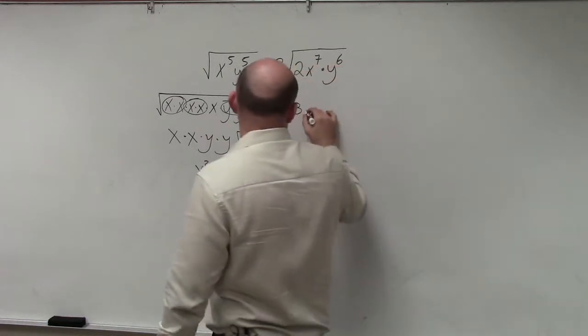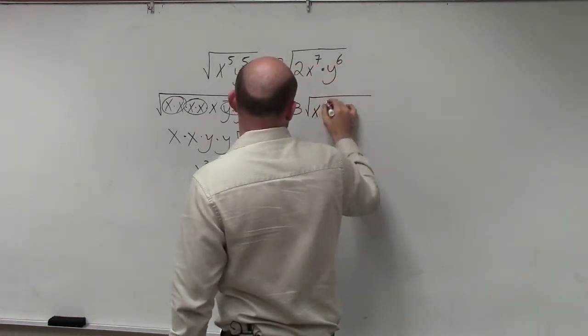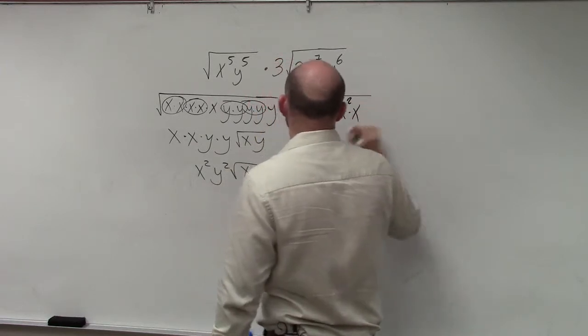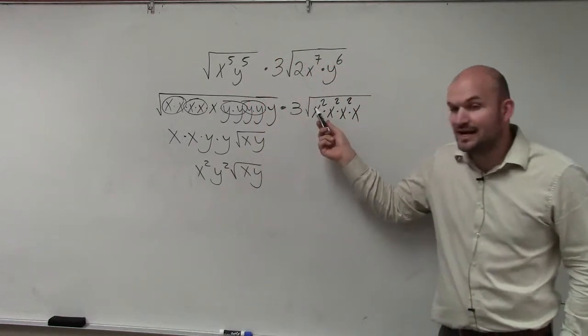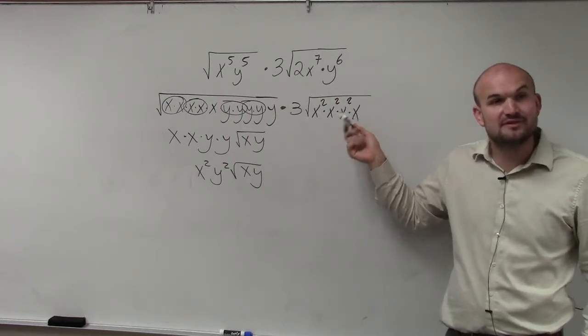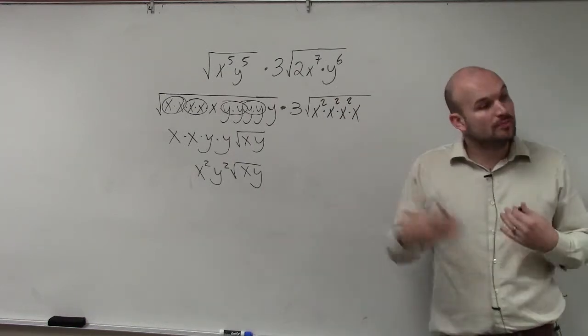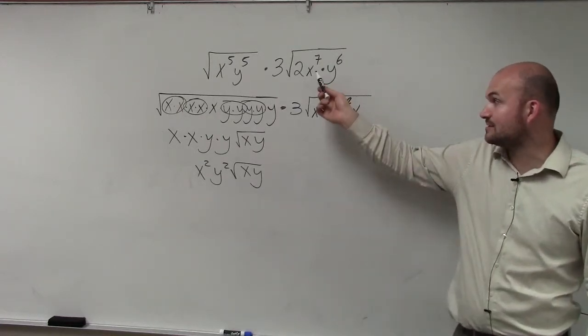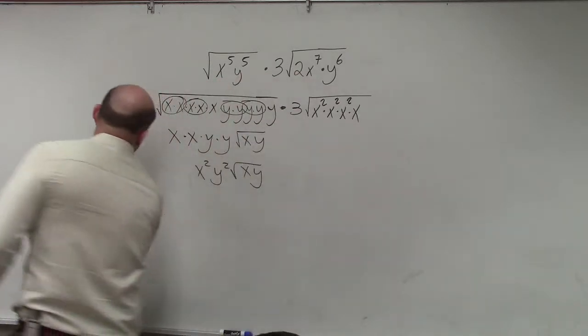So if I use the product rule, I can break down x to the 7th as x squared times x squared times x squared times x. Do you guys agree that x squared times x squared times x squared times x gets to x to the 7th? Because what the product rule says is, when you multiply exponents, you add the powers. So this is the same thing as x to the 7th. Sorry, there's a 2 in there as well.